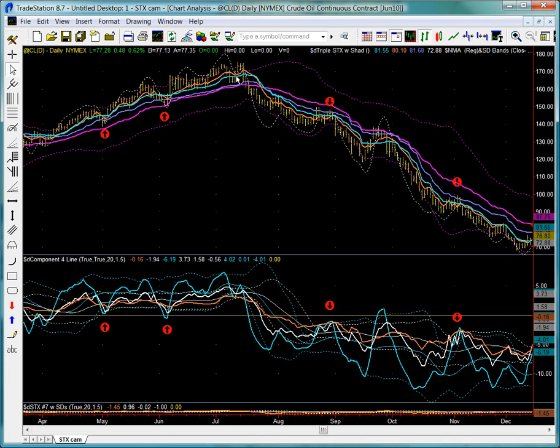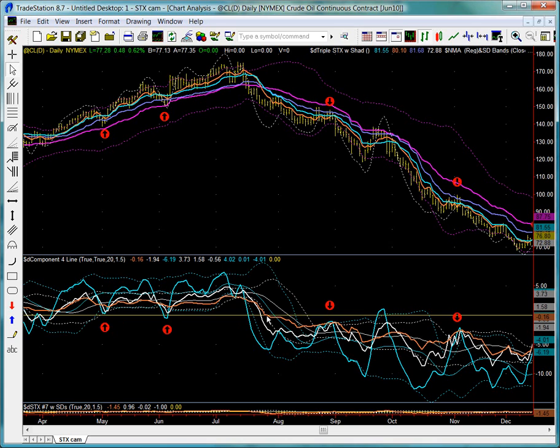And then as we form the top, basically what happens is, first the fast cuts decisively below the slow, below the 0 line. In the process it creates very sharp angularity, takes out prior lows, indicative of showing the strength of this new thrust to the downside, and we get the crossover of the fast below the slow, below the 0 line, and ultimately the slow then below the 0 line.